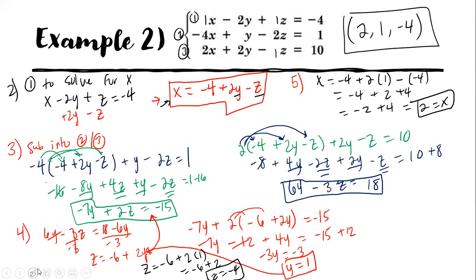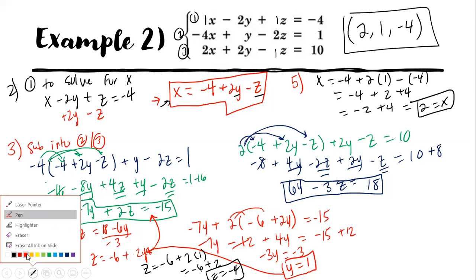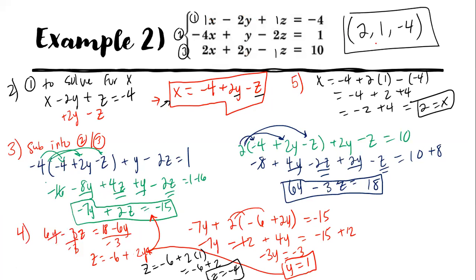And again, on step 6, when you're checking, it's as simple as you doing it mentally. So 2 minus 2 plus -4. 2 minus 2 is 0. 0 plus -4 is -4. Check. Then I have -8 plus 1 and positive 8.